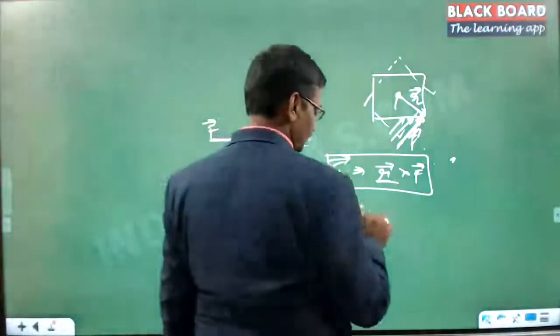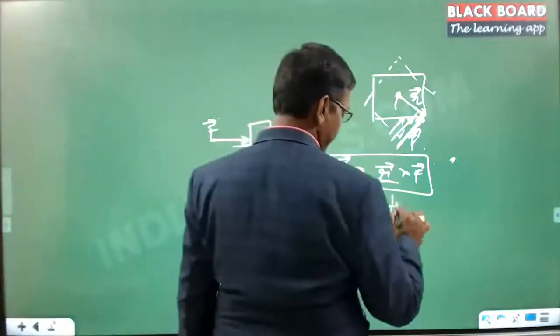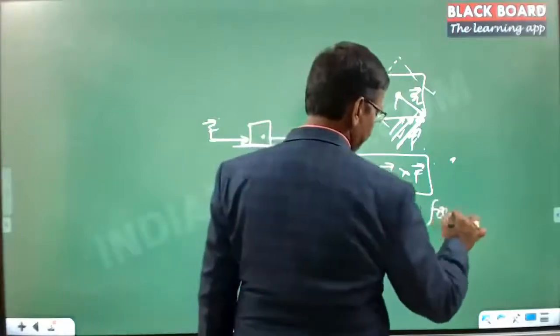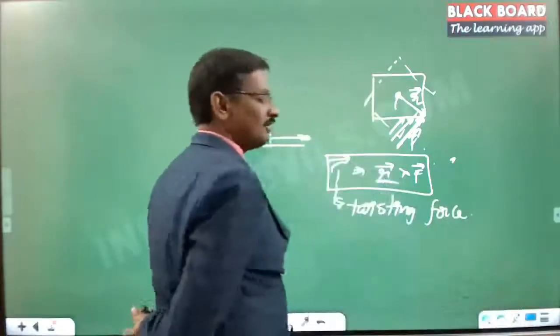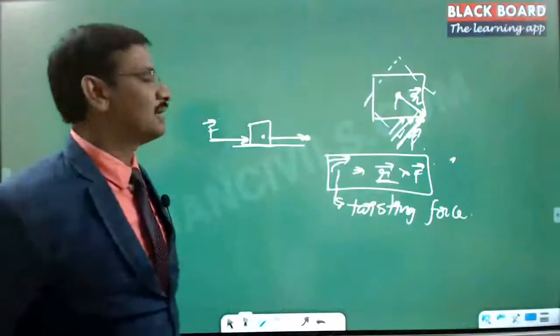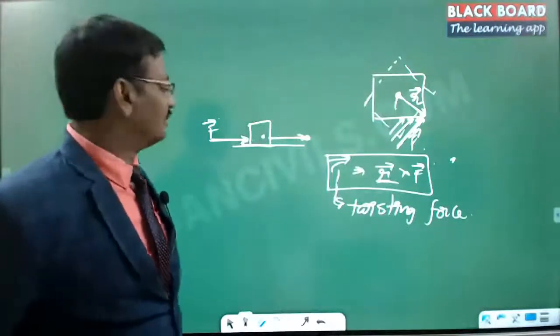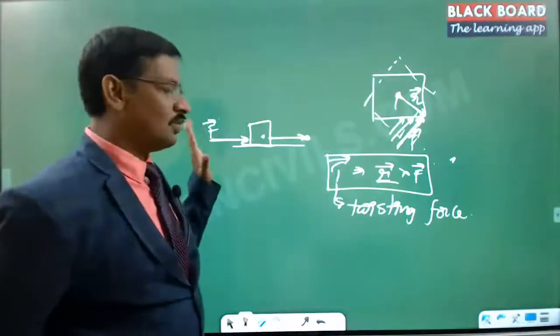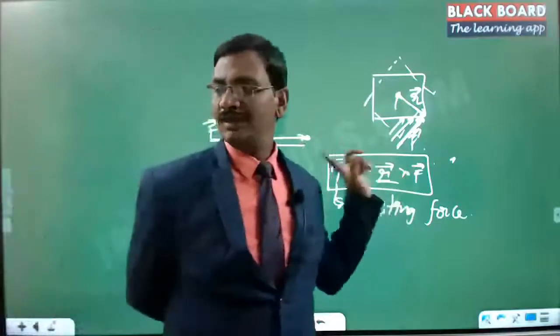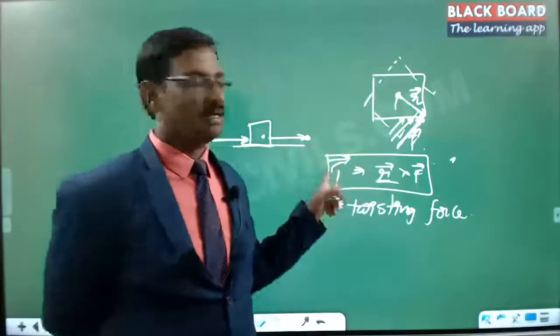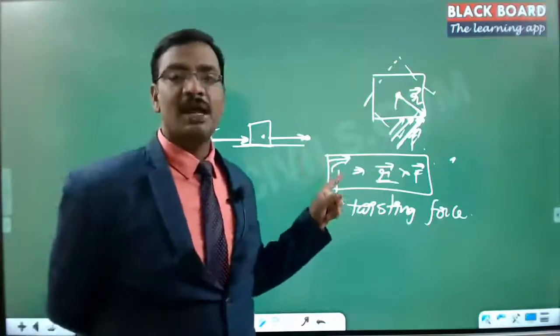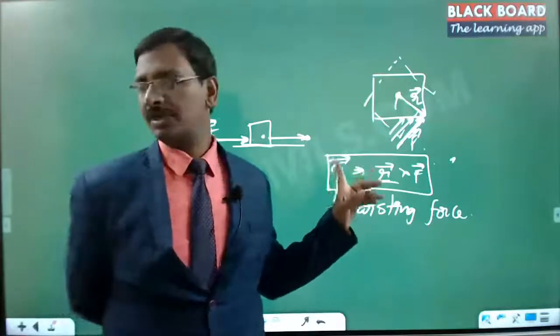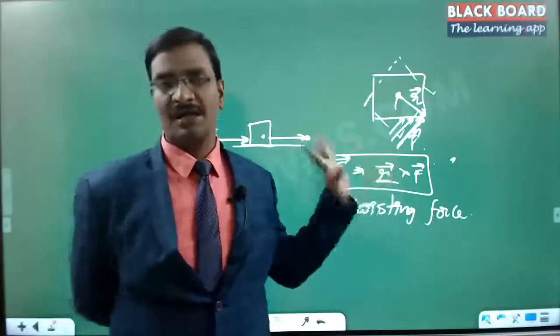This is called the twisting force. The amount of twisting force is dependent on two different aspects. The force will create a linear displacement, and the torque will create an angular displacement. Got it? Linear displacement and angular displacement.